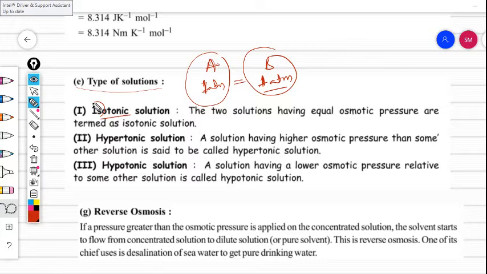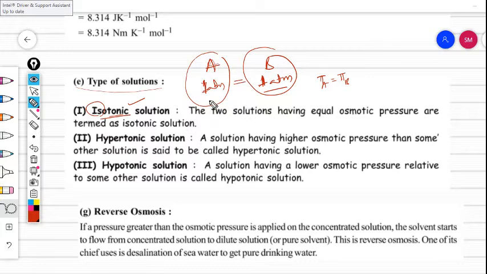Iso means similar, tonic means concentration or pressure. So if phi A equals phi B, where phi means osmotic pressure, the osmotic pressure of solution A equal to that of solution B, the solutions are said to be isotonic.